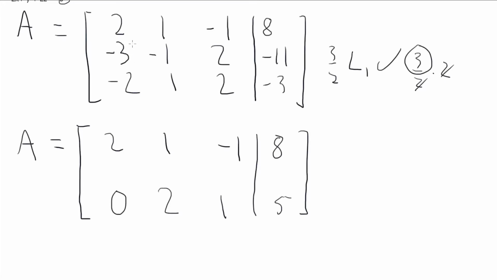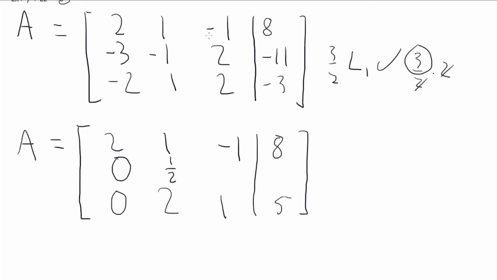So we already did the first part, 3 over 2 times 2, that is 3. 3 minus 3, that is 0. 1 times 3 over 2, that is 3 over 2. 3 over 2 minus 1, well, that's just the same as 3 over 2 minus 2 over 2, which is 1/2. Similarly, negative 1 times 3 over 2, that is negative 3 over 2.